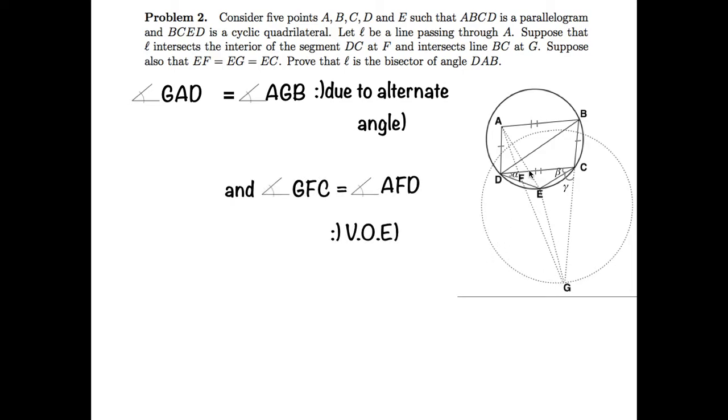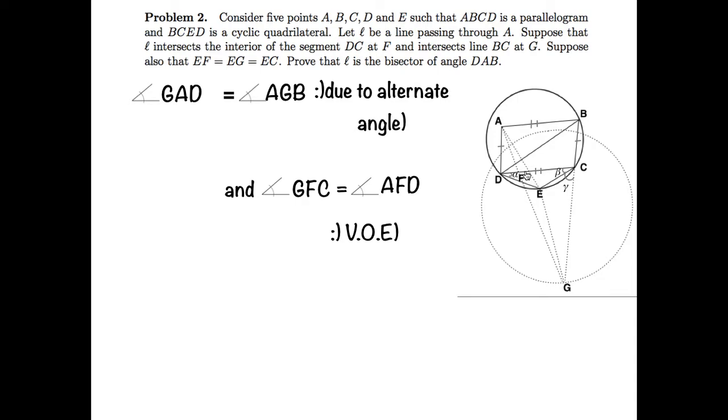And GFC angle is equal to AFD angle due to vertical opposite. Now if this angle is equal to this angle, then AFD angle will be equal to FAB angle, right? So FAB angle will be equal to AFD angle. Then this angle comes, right?